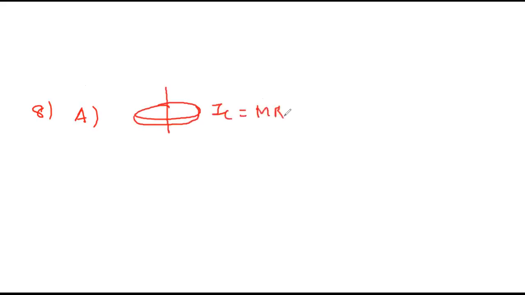We know the formula m r square by 2. The second one is passing through the center and parallel to the surface.